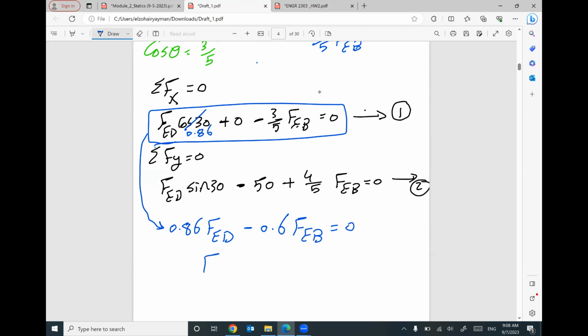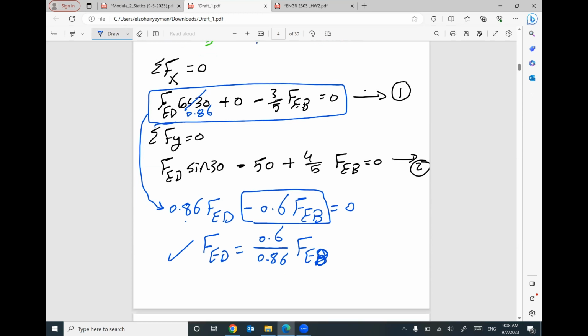So I can say FED will equal 0.6 divided by 0.86 FEB. I just move this term to the other side, then divide by 0.86 to put FED on one side and everything on the other side. This is from equation number 1.